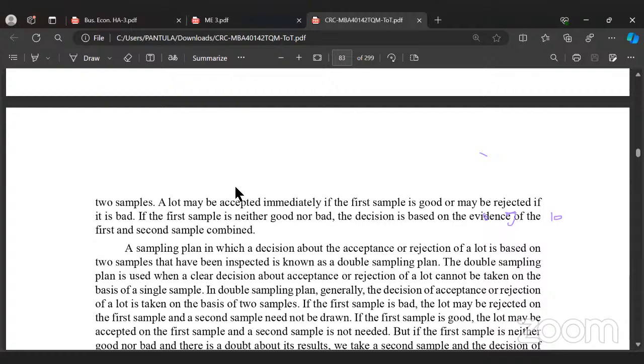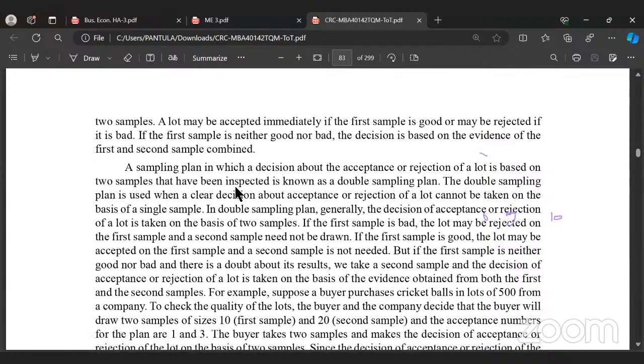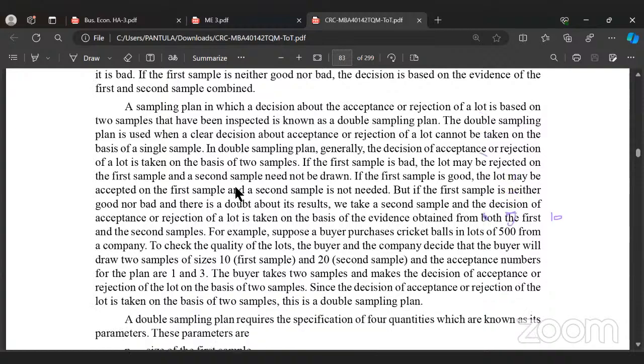A lot may be accepted immediately if the first sample is good, or rejected if it is bad. If the first sample is neither good nor bad, the decision is based on the evidence of the first and second samples combined. So what happens? We take the first sample, say a sample size of 100 out of 10,000.